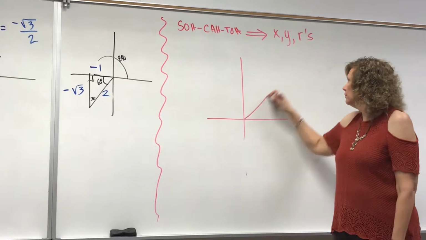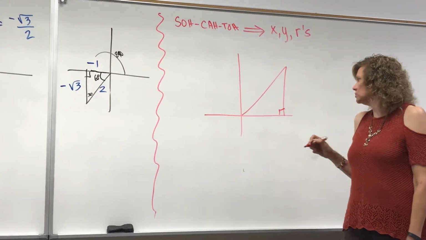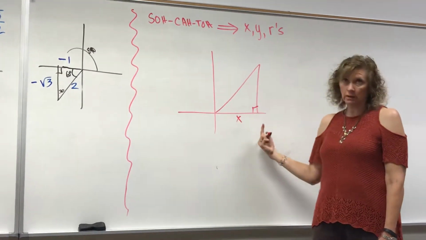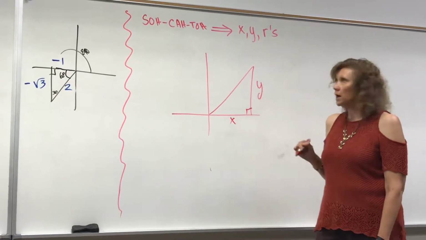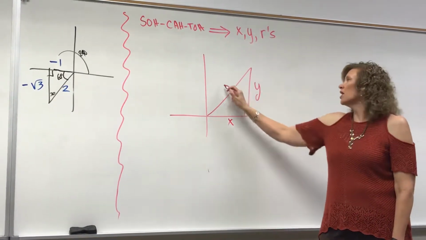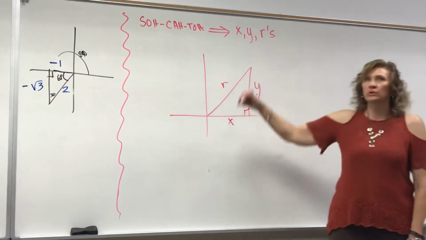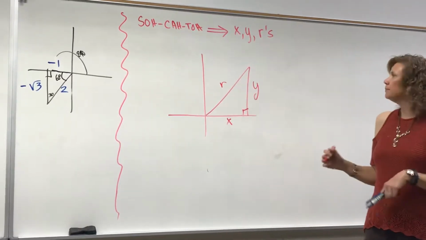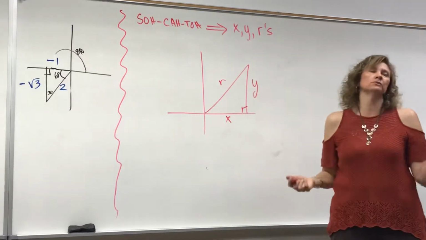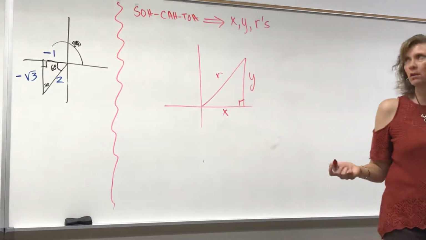So we got a right triangle. That's x. This is y. And our hypotenuse is r, just because we could put this in a circle and the radius of the circle is probably the reason why they call it r.